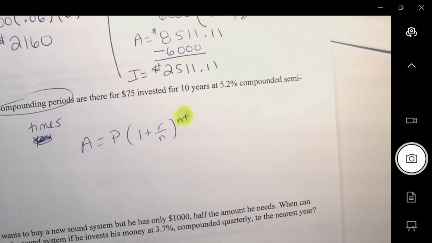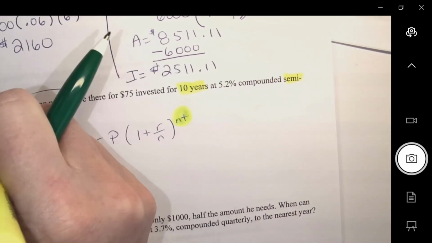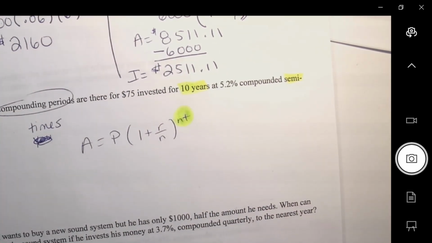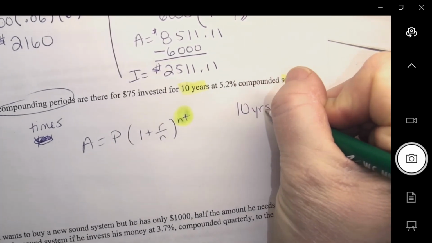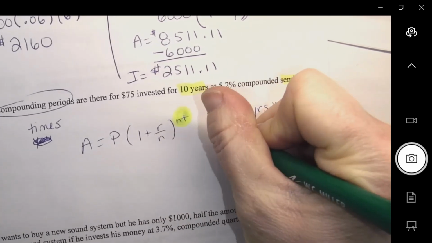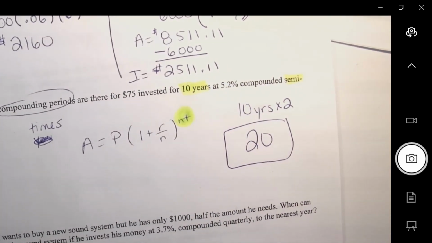That's actually all I want. How many times do you compound if you do it for 10 years semi-annually? If you do something for 10 years semi-annually, how many times does it end up altogether? 20. That's the answer. That's all I was looking for, is just 20. Would that question have thrown you off because there's a bunch of other stuff? Probably. Okay, just compounding.